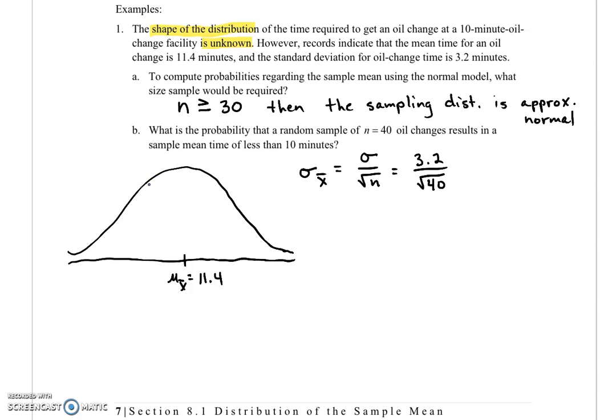Now at this point we're going to be a little bit lazy about doing this. We know we need less than 10 minutes, so let's just mark 10 minutes on the graph. And that should be to the left of the mean. And we want less than, so we shade to the left. Okay, so just like we did in the last round of examples for the normal population, to find the probability that the sample mean is less than 10, we do normal CDF.